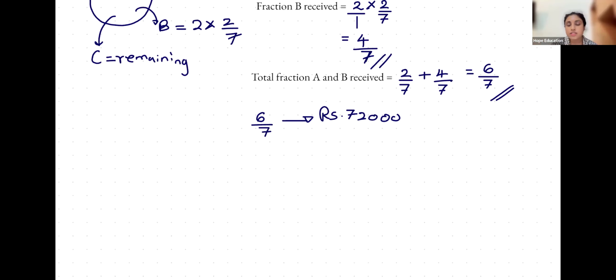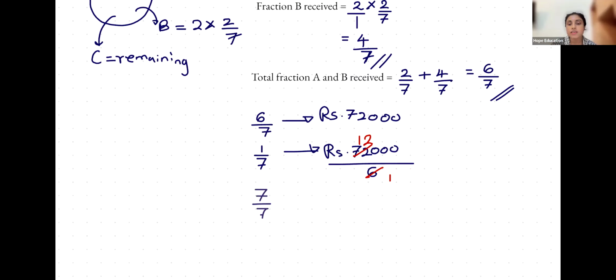Okay. So 6 over 7 is 72,000. Now first I can find for 1 over 7. For 1 over 7, I divide 72,000 by 6. When you divide this by 6, 6 times 1 is 6, 6 times 12 is 72. Then I want the total, that is 7 over 7.